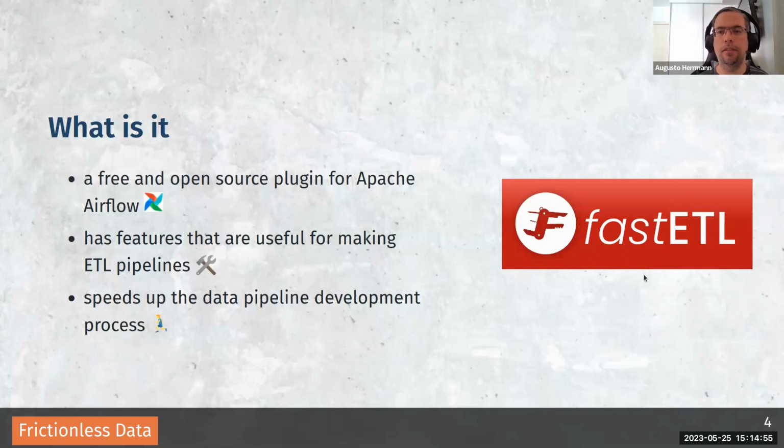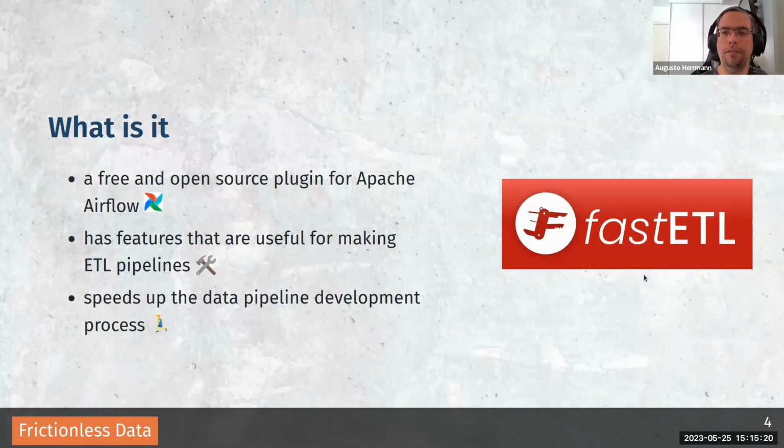About FastETL, it is a free and open source plugin for Apache Airflow, and it has features that are useful for making ETL pipelines, or ELT also, which is some discussion nowadays, whether or not you first load and then transform. We do that a lot as well.